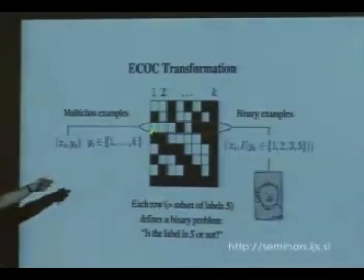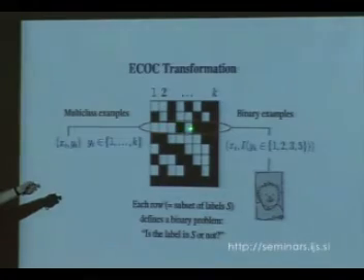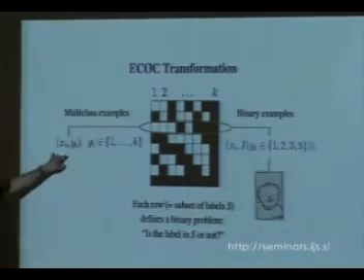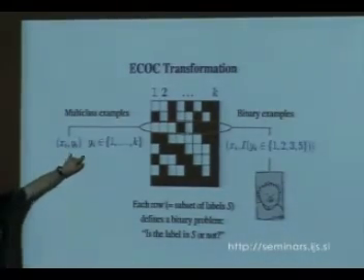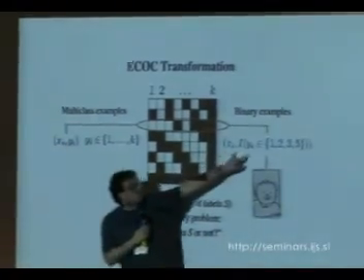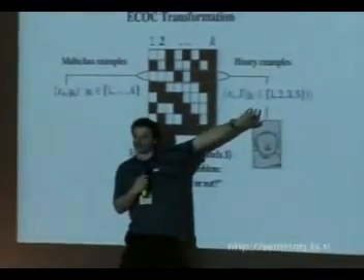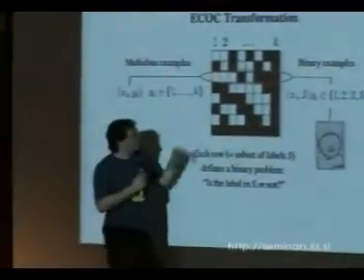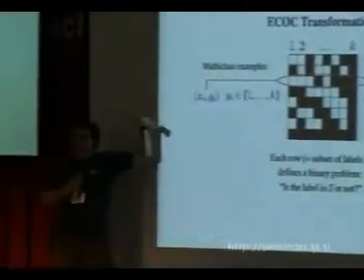Is it 1, 2, 3, or 5, or not? So it's a simple binary question. So we can take any multi-class sample, and we can transform it into a binary sample in this way. And we can do this for each different row, and then we can learn a classifier for each row.